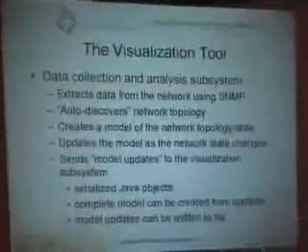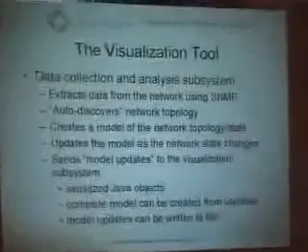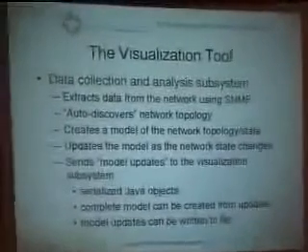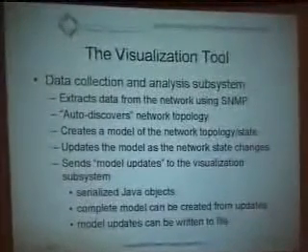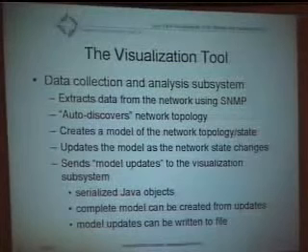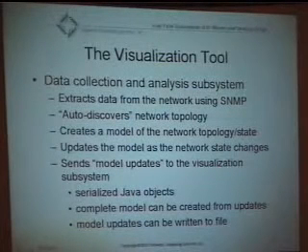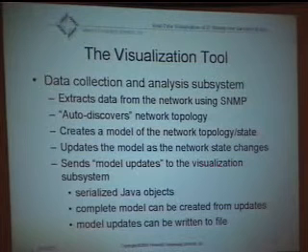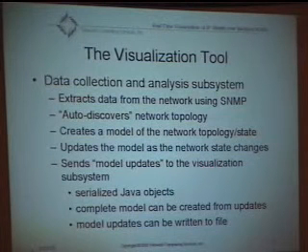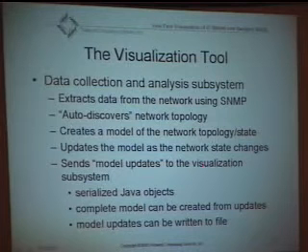And also that we can create the complete model as a series of updates. As a browser comes up and talks to the data collection subsystem, the browser is told: I discovered a network, I discovered a switch, I discovered another switch, I discovered a link between the two switches, until the model in the visualization subsystem is consistent with the model in the data collection subsystem.